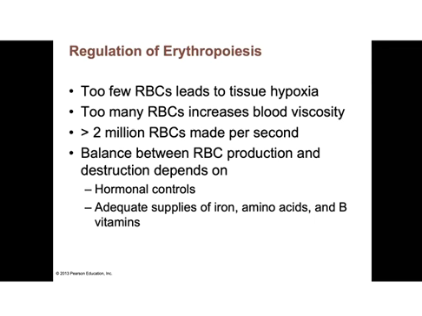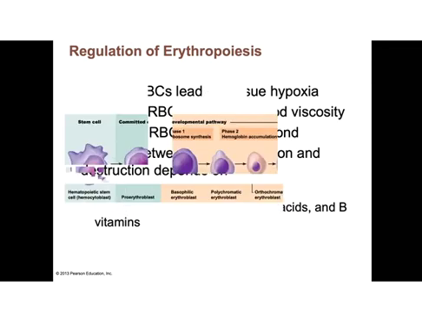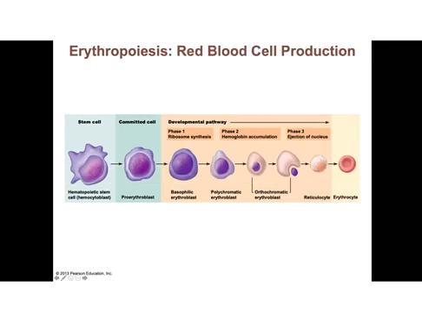You also need the components that make up a red blood cell. So you need iron, you need all the amino acids, and you need B vitamins because those are used to make DNA. And remember that DNA is present in the precursors, right? All these guys are whipping out a lot of DNA, and we don't dump the nucleus until we form the reticulocyte. So B12 is critical for that.